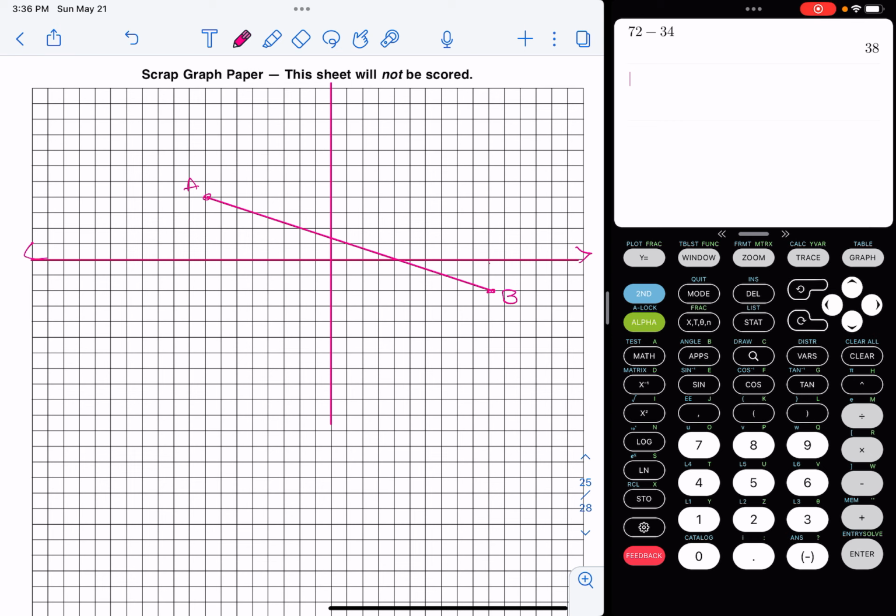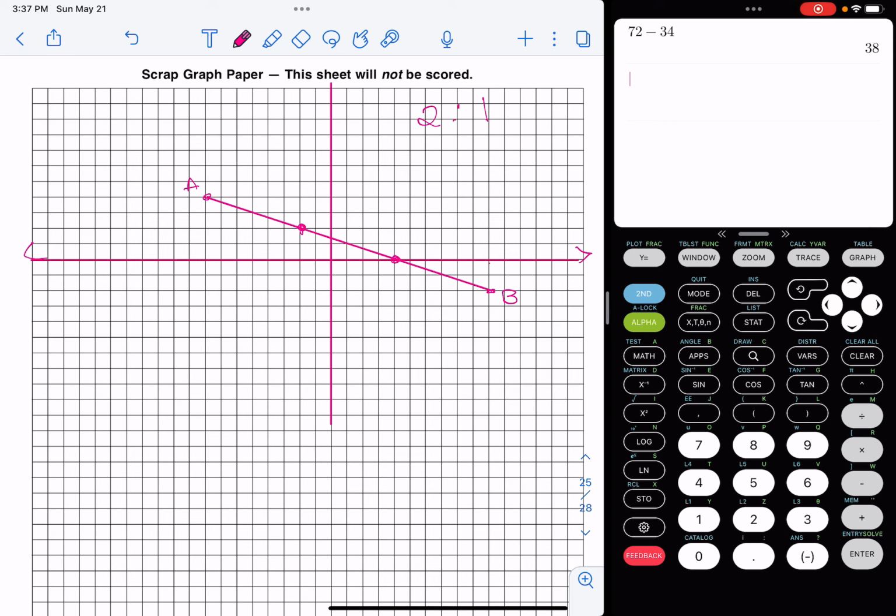All right, so what I want to do is I want to split this line segment into 3 congruent parts. The reason it's going to be 3 congruent parts is because it asks for a 2-to-1 ratio, so that's a total of 3 parts. You might be able to do this by a little bit of eyeballing it, but I want to see if I can find the points that split this into 3 equal little line segments.